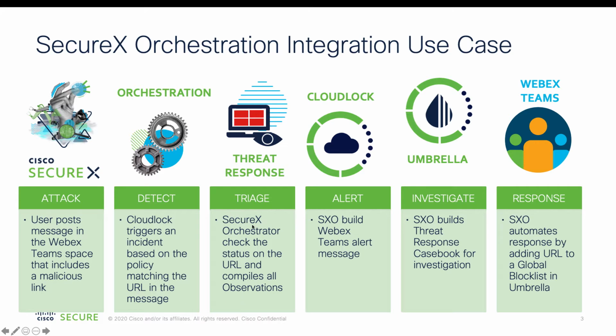That incident is being picked up by SecureX Orchestrator in this automation workflow. We check if this URL is malicious or not, what is the status of that URL, and depending on the status, we perform different actions.